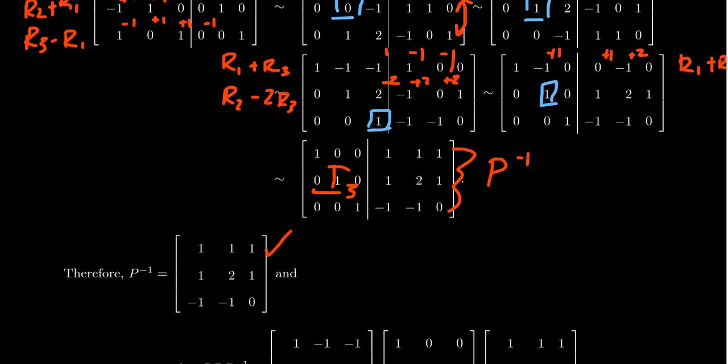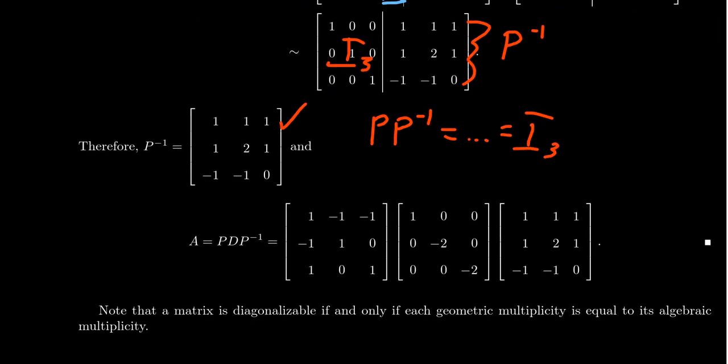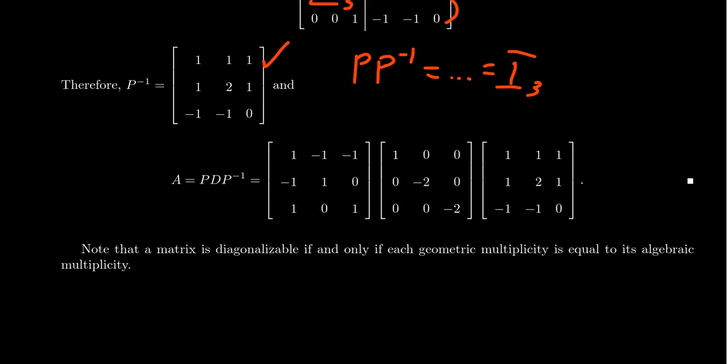If we have any doubt, we could actually multiply the two matrices together just to check that it equals the identity. But I think I'm going to skip that for now. And so now we have our diagonalization of the matrix. A is equal to P D P inverse with the three matrices that we have in front of us. So things to remember, the diagonals of D are our eigenvalues, 1, -2, -2.